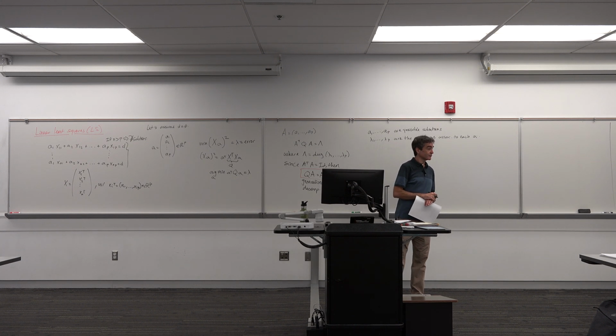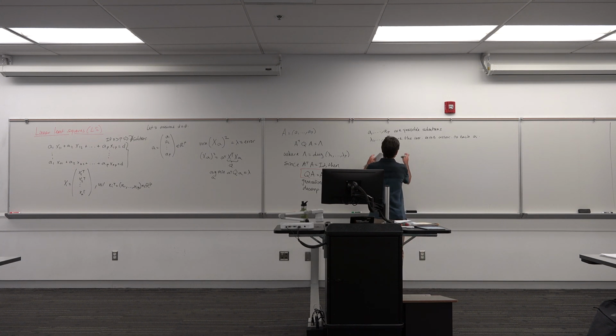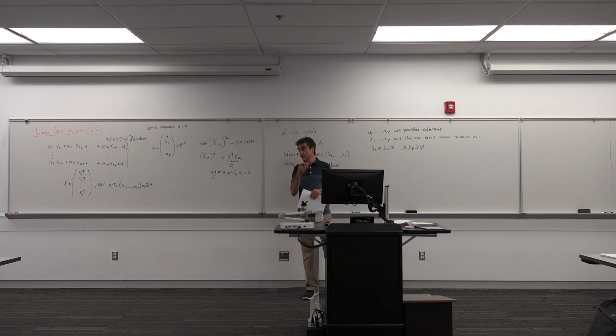Make sense? Now, you have to order the eigenvectors and eigenvalues somehow. I don't know if I said this last time, but if not, I usually order them from largest to smallest, which means that I would write lambda p as the smallest, which must be equal to or larger than 0, because Q is positive semi-definite, right?